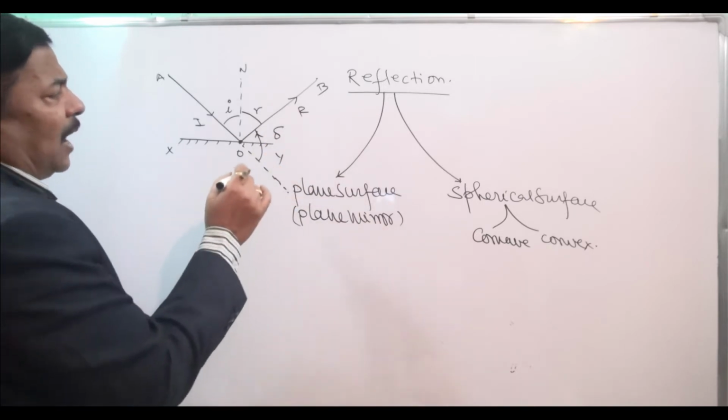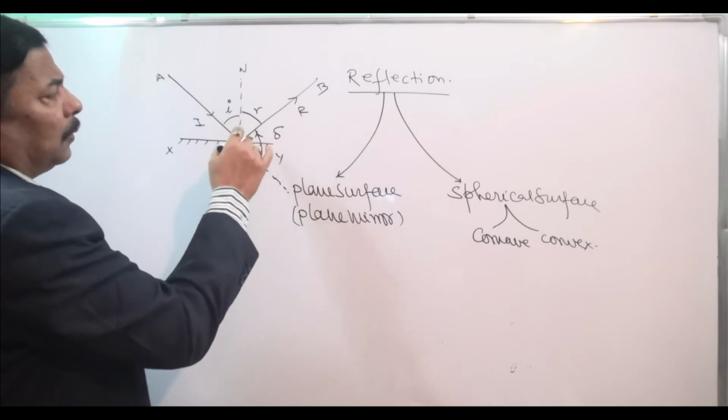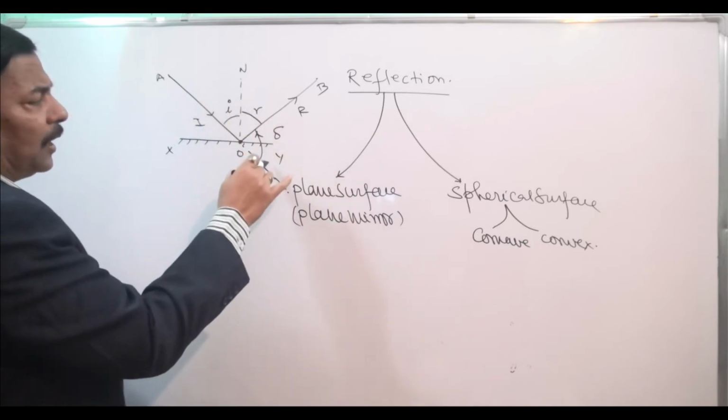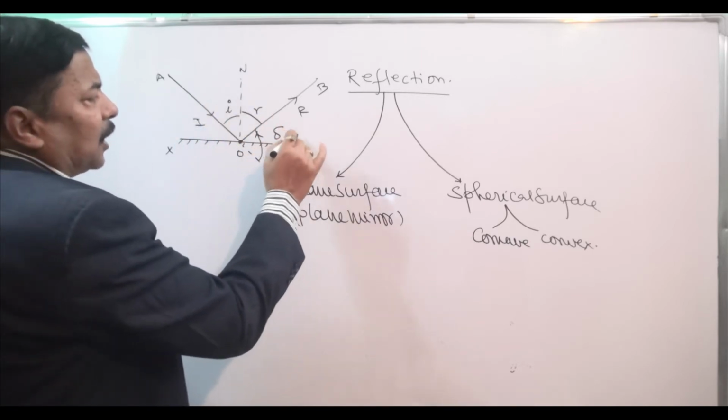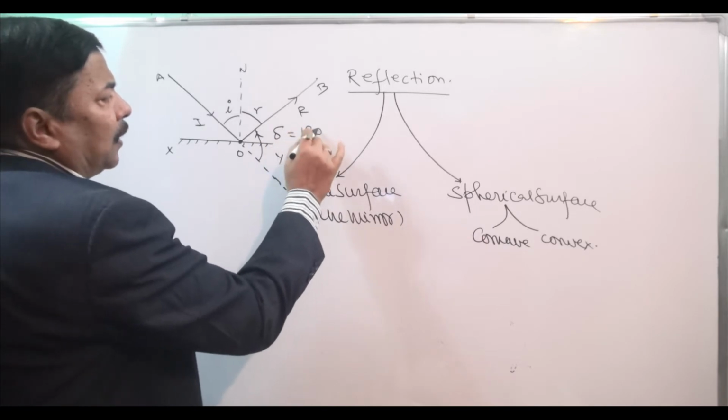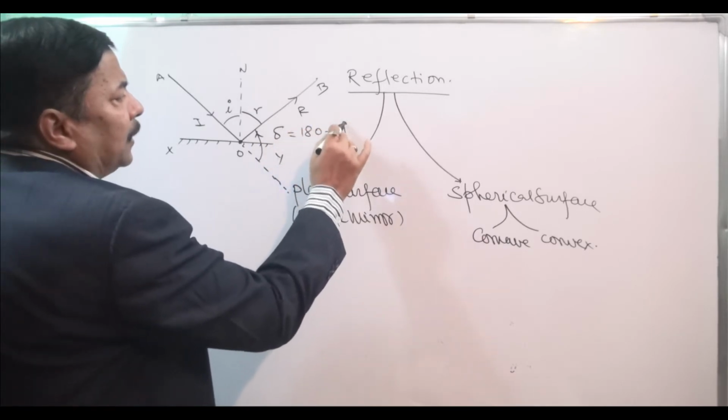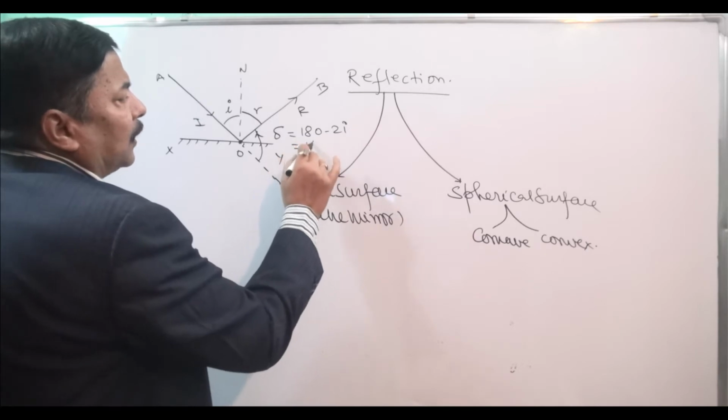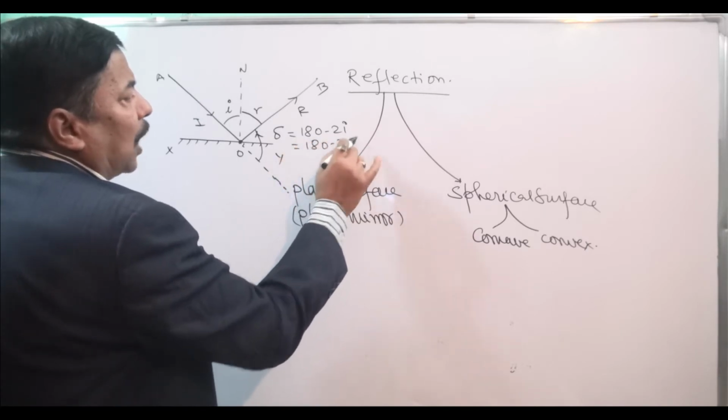This delta is basically, you see here total 180 is there, so delta is 180 minus 2I, or this can be 180 minus 2R.